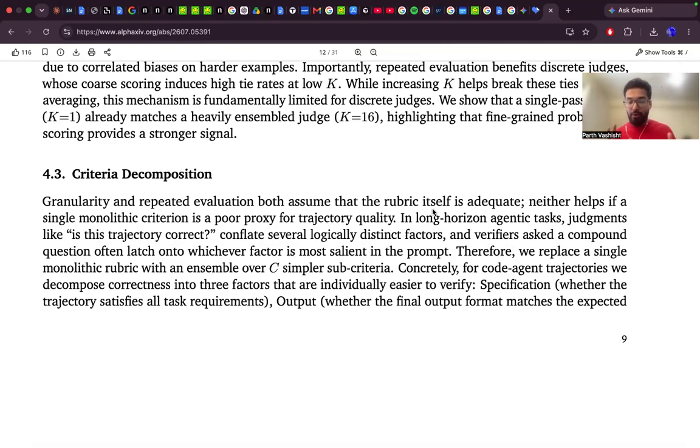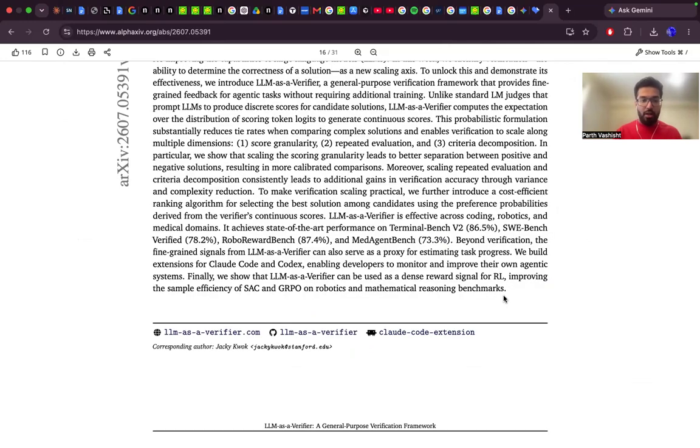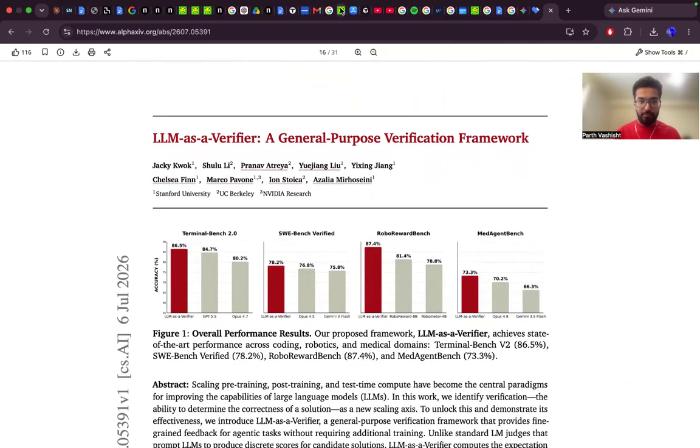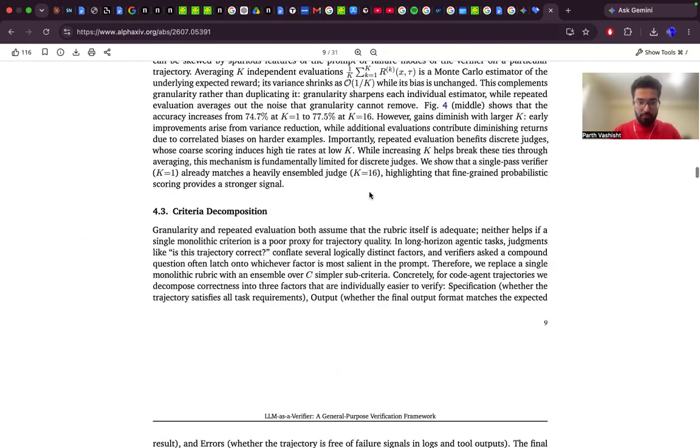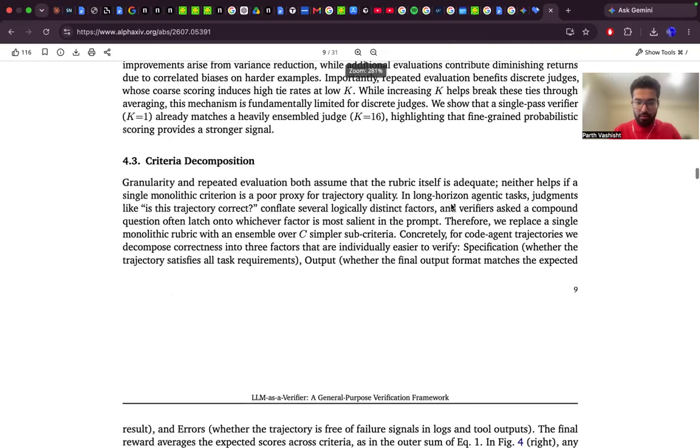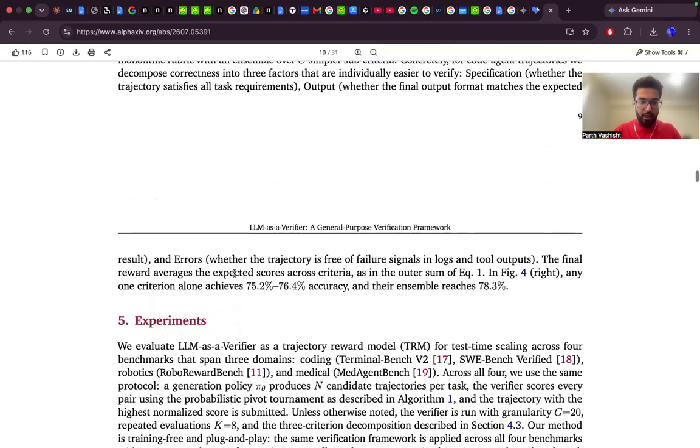Now, concretely for code agent trajectories, we decompose correctness into three factors, which are specification, output, and also errors.